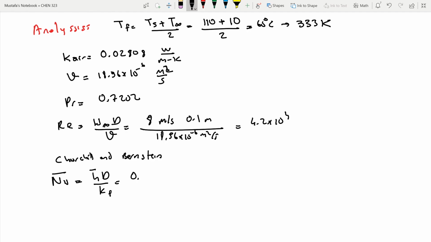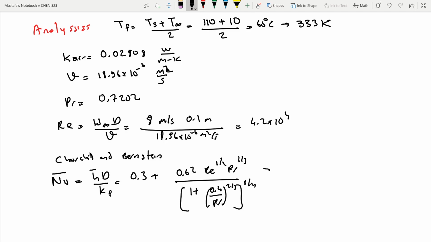The equation was 0.3 plus 0.62 Reynolds number to the 1/2 Prandtl number to the 1/3 divided by 1 plus 0.4 over Prandtl number to the 2/3 power to the 1/4 power, times 1 plus Reynolds number D over 282,000 to the 5/8, and everything to the 4/5 power.